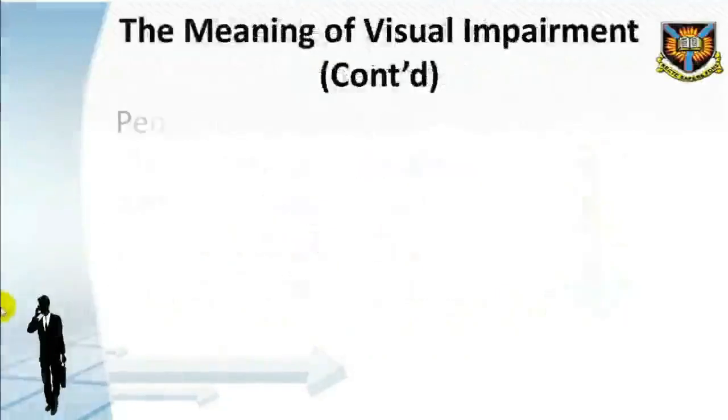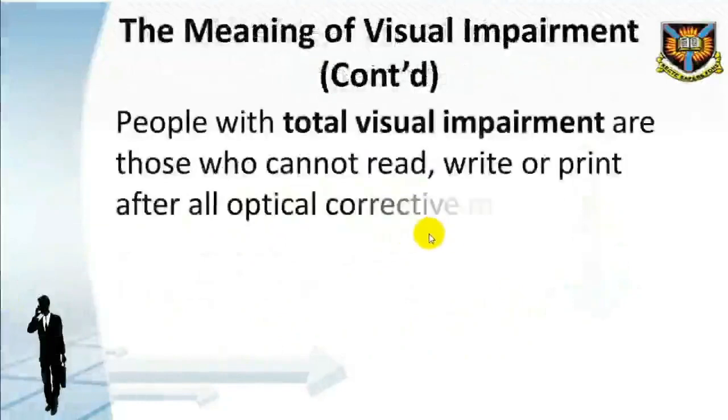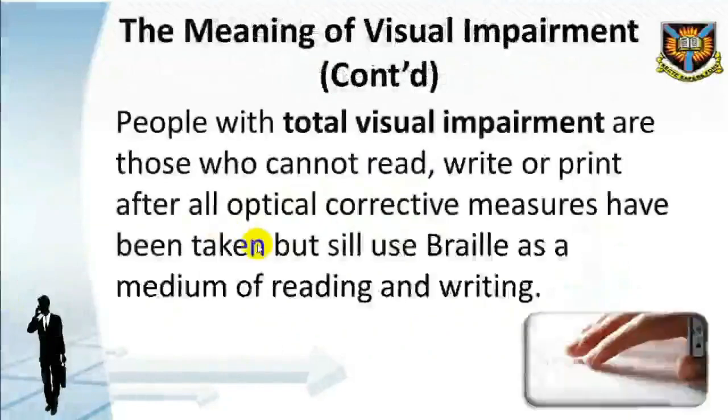People with total visual impairment are those who cannot read, write, or print after all optical corrective measures have been taken, but still use Braille as a medium of reading and writing.